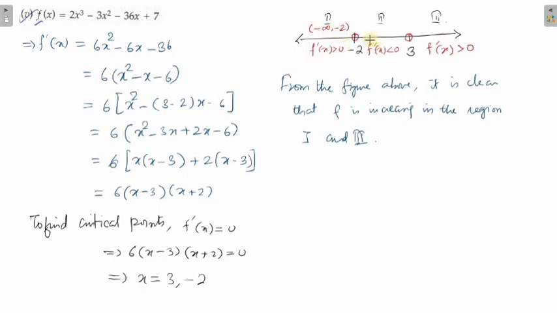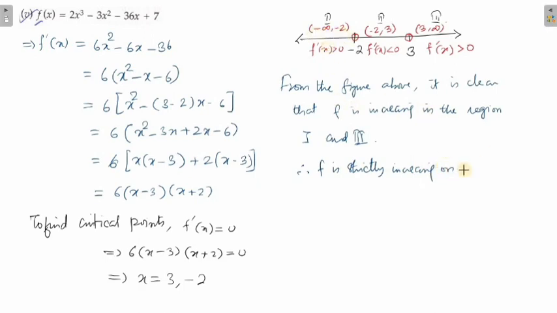Now similarly, this is going to be the open interval -2 to 3, and this is going to be 3 to infinity. Therefore, f is increasing, not only increasing, it's strictly increasing on which interval?